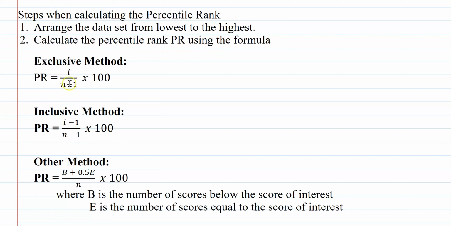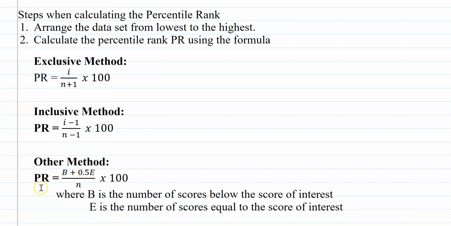The first formula is for the exclusive method, and that will be PR equals i over n plus 1, times 100, where i represents the position number of the score that you want to calculate the percentile rank for. For the inclusive method, the formula is PR equals i minus 1 over n minus 1, times 100.